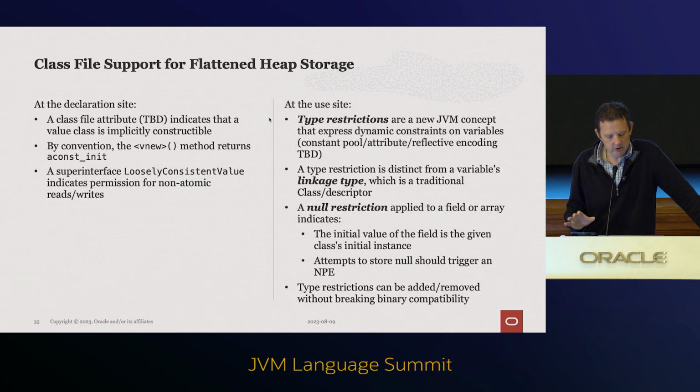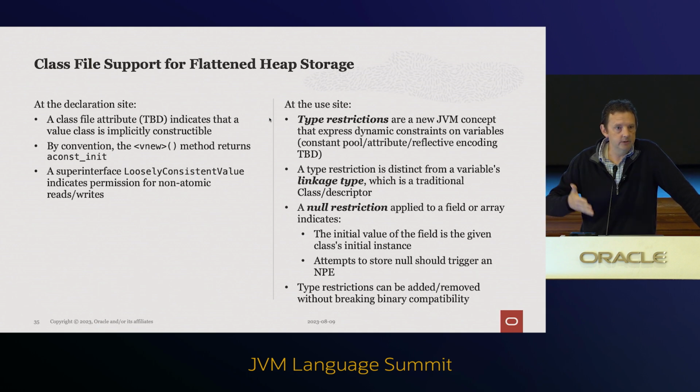So there's a distinction that is useful between the linkage type of a field or a method and the restricted type. We're calling them type restrictions on that storage. And the type restrictions are just side information that is enforced dynamically that says, in this case, don't put nulls here.